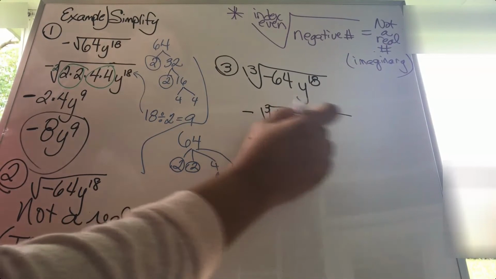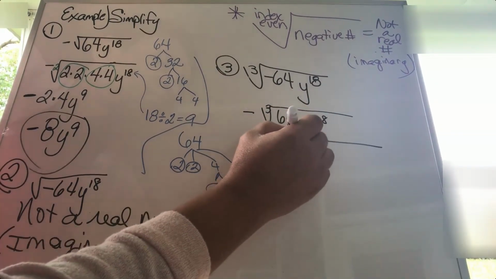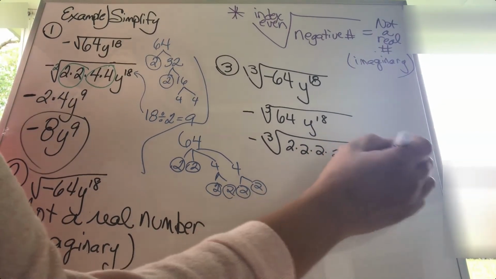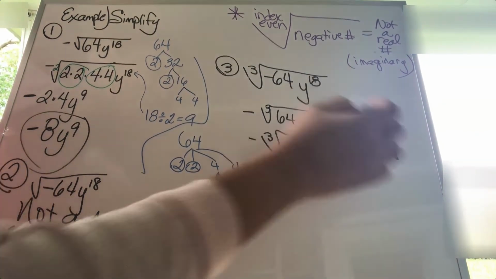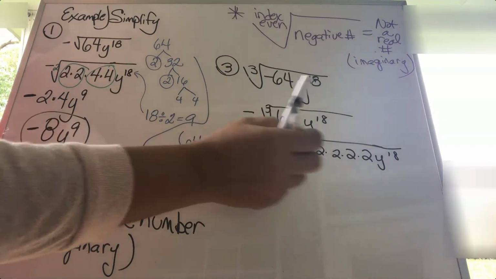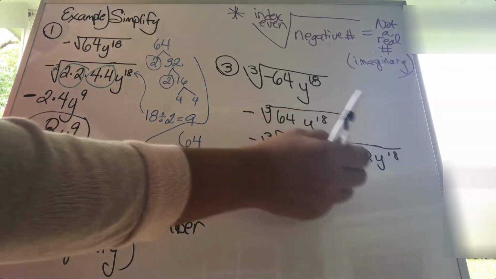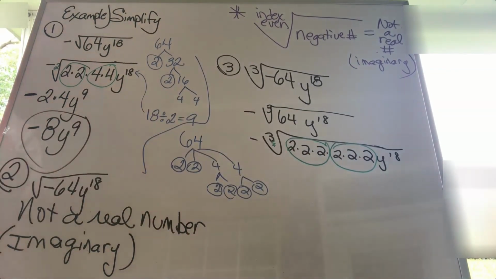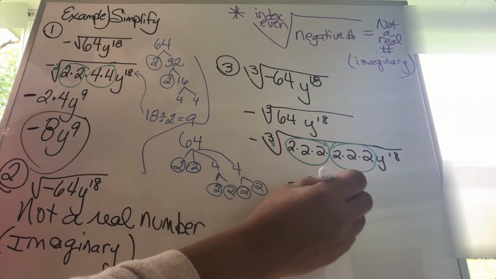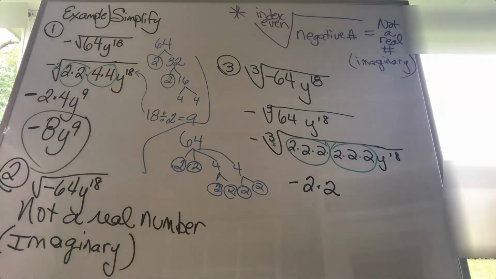So now when it's time to deal with that 64, my index is 3. Here's a set of 3. Here's a set of 3. Now I have to deal with the y to the 18.